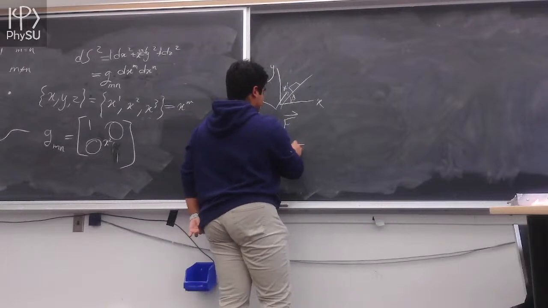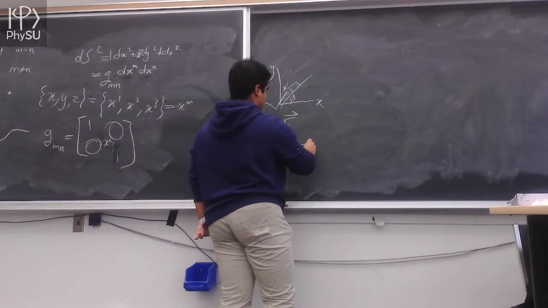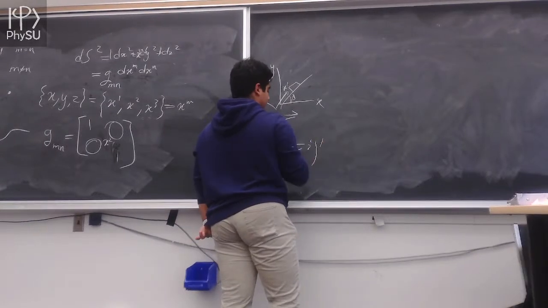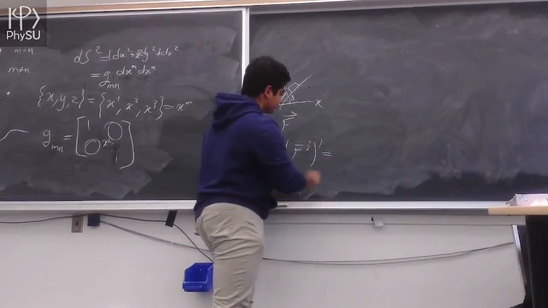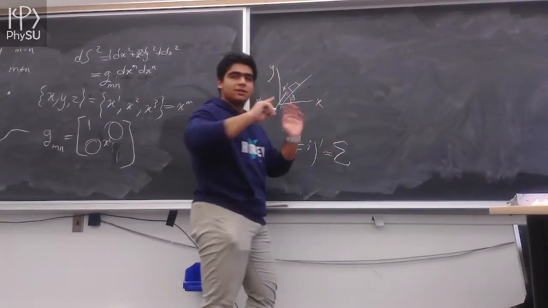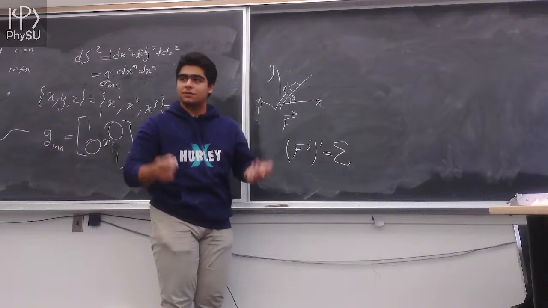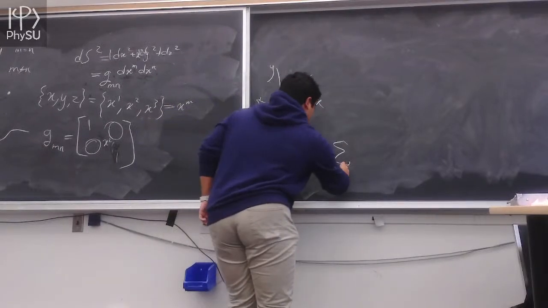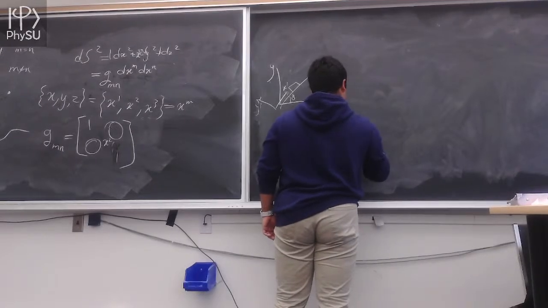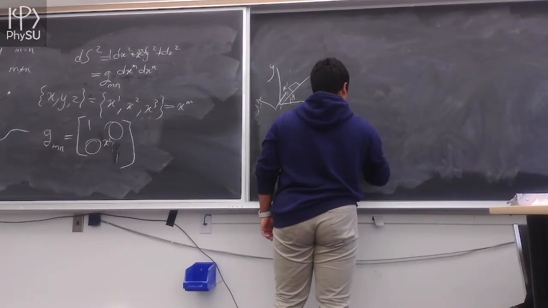And let's say I have a force whose ith component in the prime reference frame is equal to... Now I'm going to throw the transformation at you, and then we're going to talk about what it means. The summation over, let's say, q. It's a P. Oh my god.